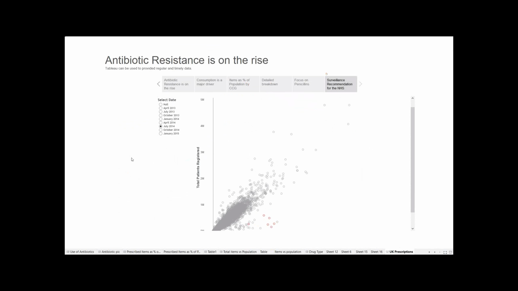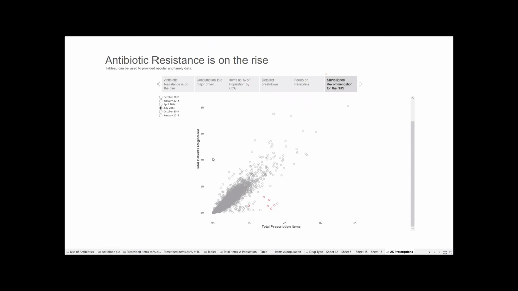Great, thanks. I think I love this last story point, picking out specific practices. What would be interesting is to see, there could be a couple in here that, like I say, are just overprescribing.